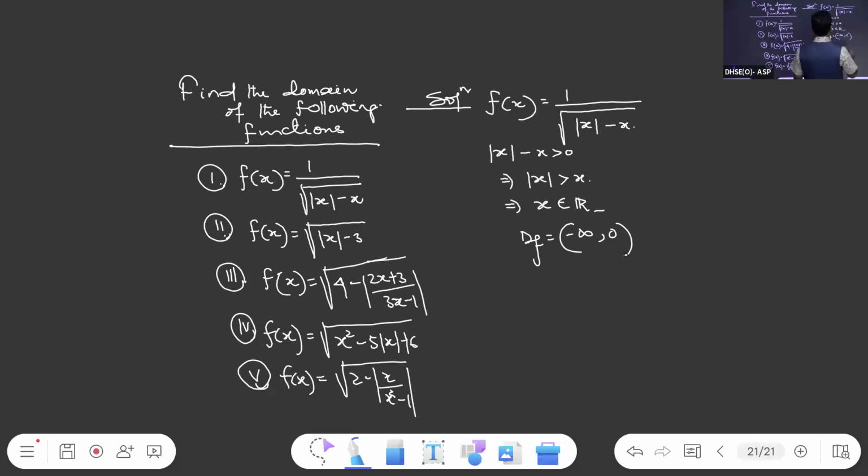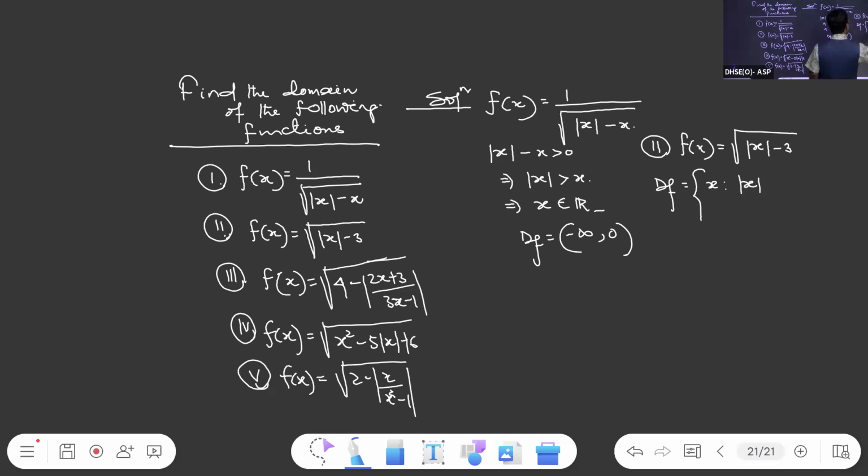Then come to question number 2. F of x is equal to under root of mod x minus 3. For the function to be defined, the expression under the root should be greater than or equal to 0.